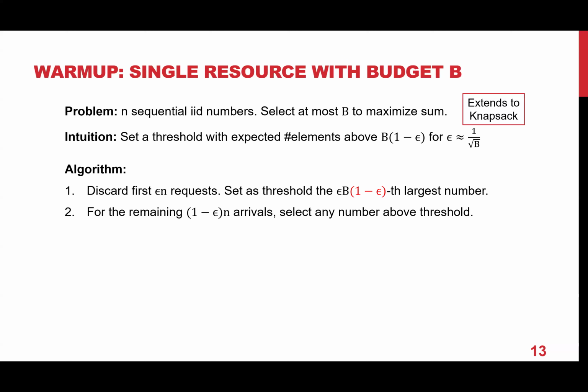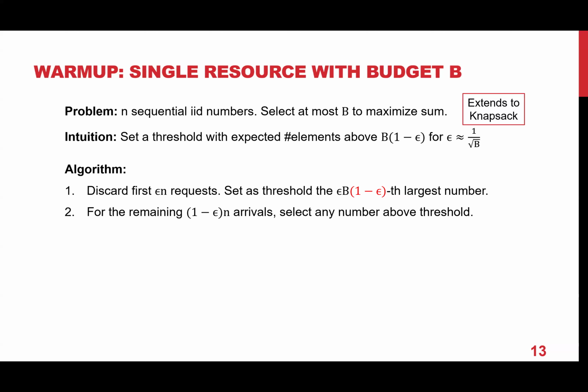Here's a very simple idea: for the first small epsilon fraction of the numbers that are coming, these are IID numbers, just reject all of them. Don't take any of them. The intuition is that this should not hurt me too much, because I have n numbers coming and I've only discarded an epsilon fraction of my input. So maybe an epsilon fraction of the opt value is gone. It's fine, I can afford it.